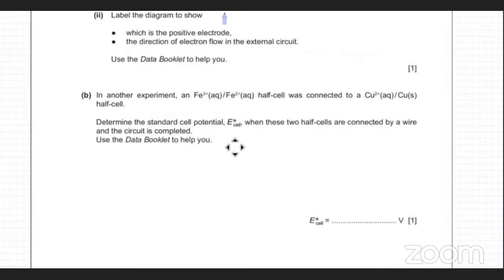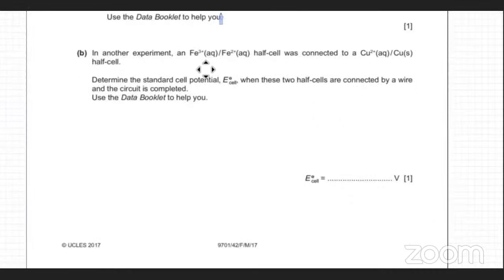Then he says in another experiment, an Fe2+ is connected to a copper 2+. Determine the standard cell potential, connected by a wire, and the circuit is completed. Use the data booklet. You just have to open the data booklet and find these two electrodes.